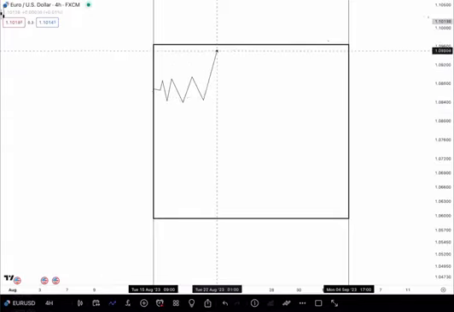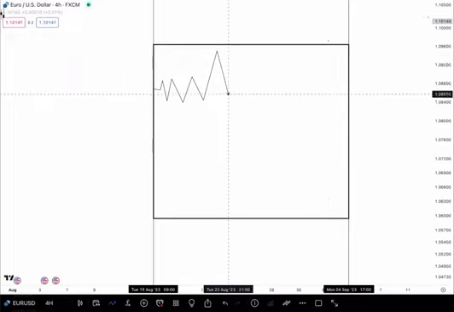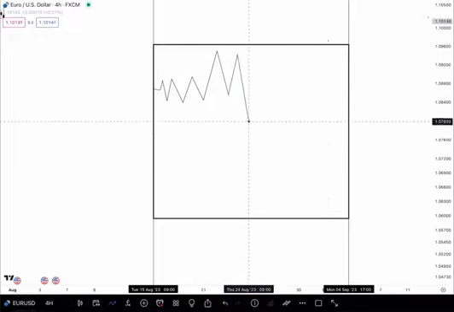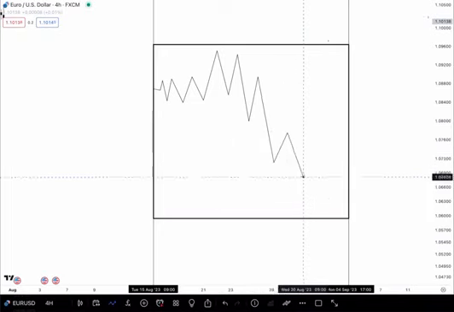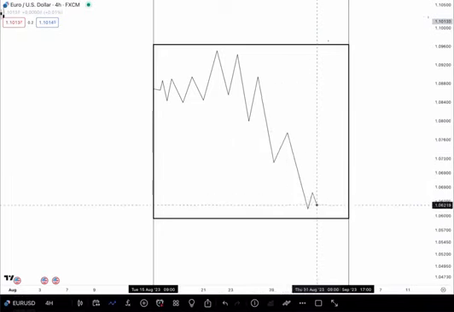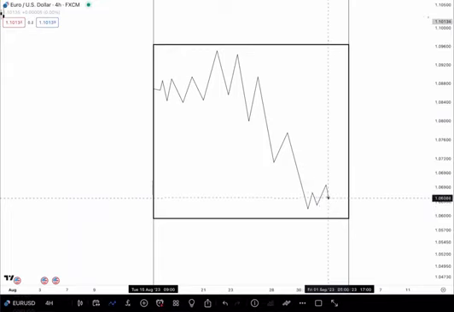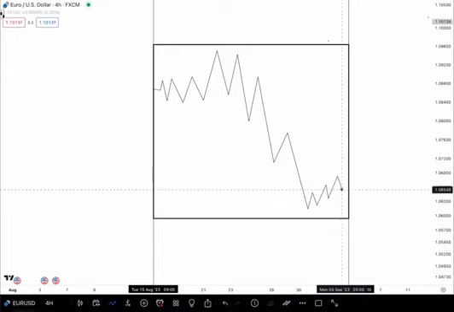Manipulation, and distribution. And every single one of those is done on purpose, by the way. Every single arrow you see is done on purpose, right?